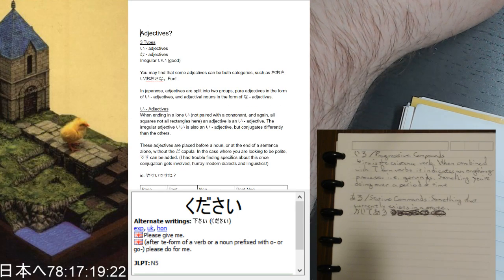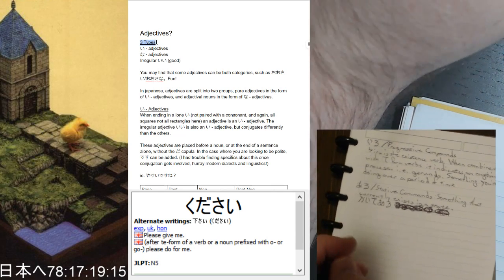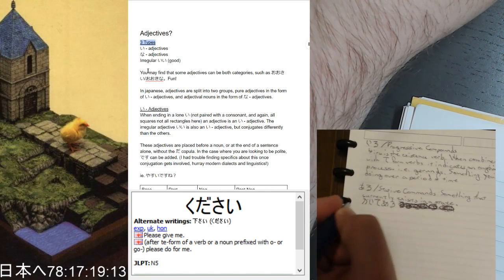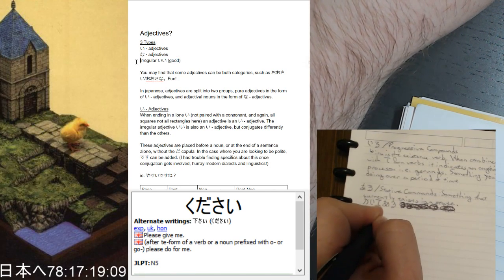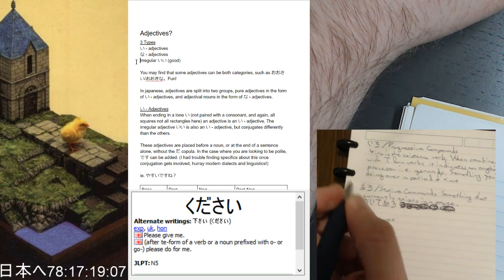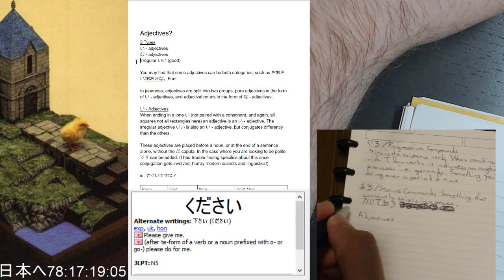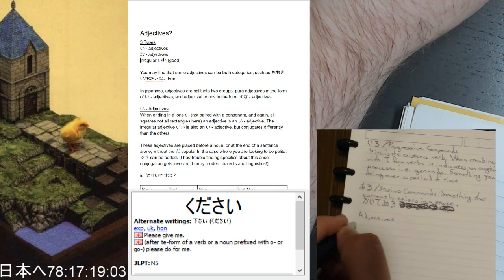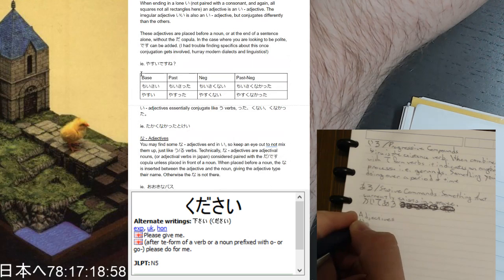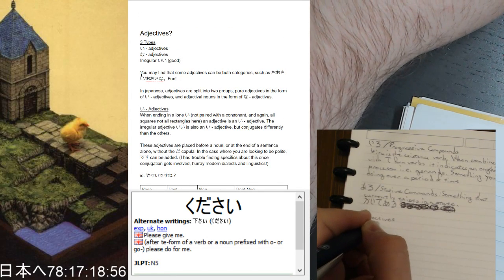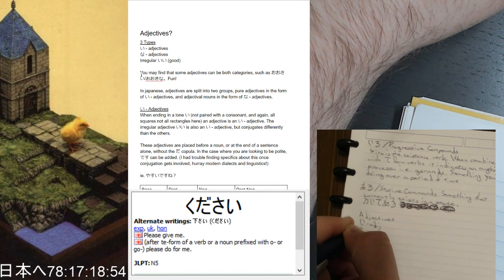Adjectives. Now, I say there's 3 types. There are not really 3 types. There's only 2. But ii, good, is sort of an irregular adjective, in the sense that it conjugates weird. Because adjectives conjugate.